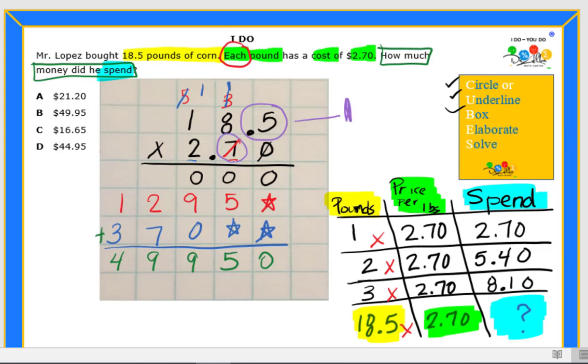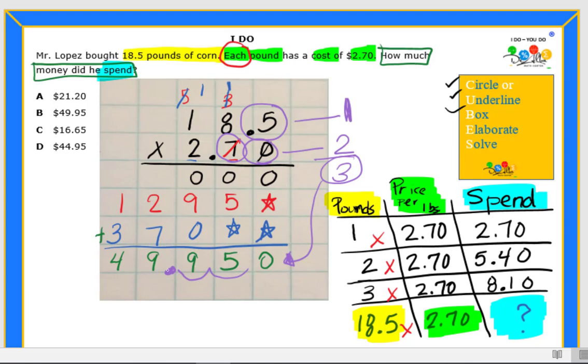Here, we have 2 numbers behind the decimal, so we have 2 decimal places. So in total, we have 3 decimal places. So in our answer, we want to have 3 decimal places. We're going to move in 3, starting from here. So 1, 2, 3. And this is where we're going to put our decimal.